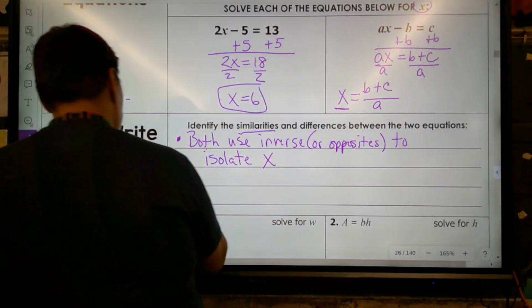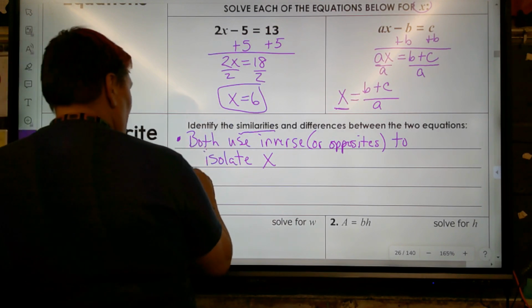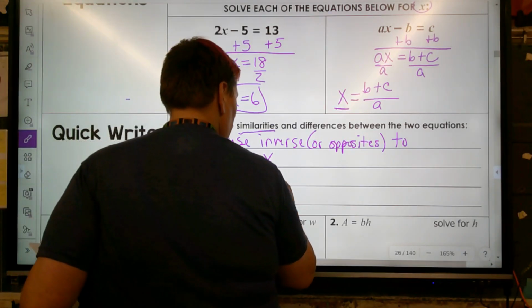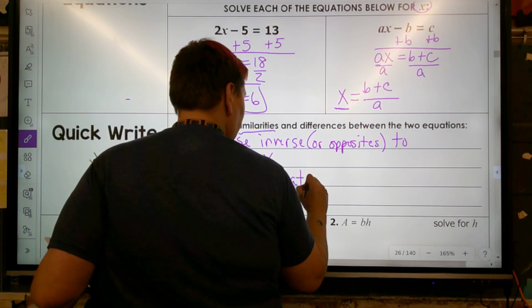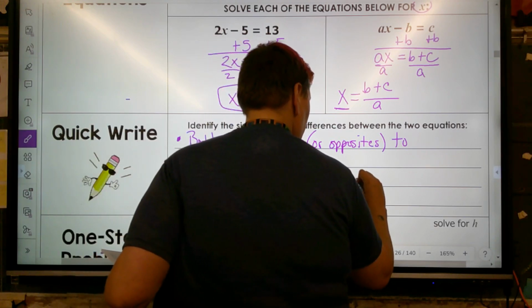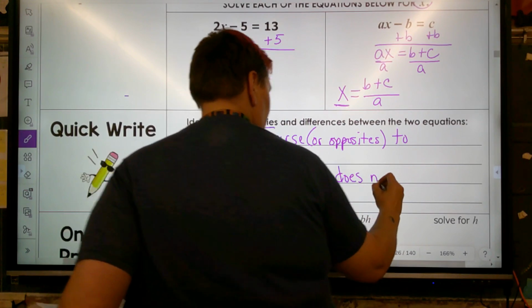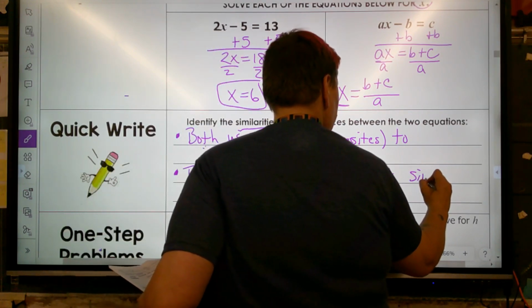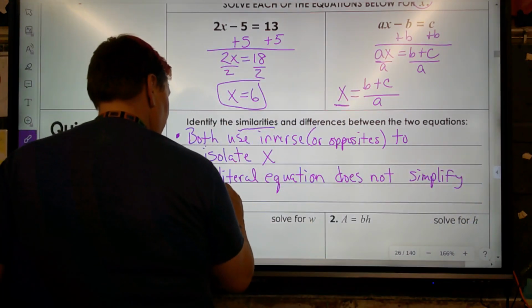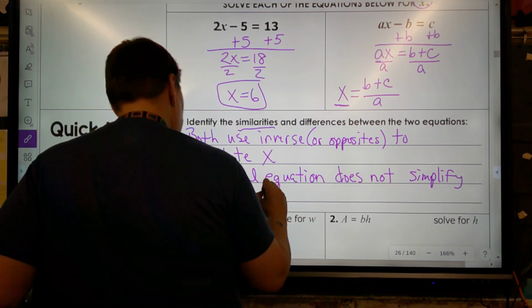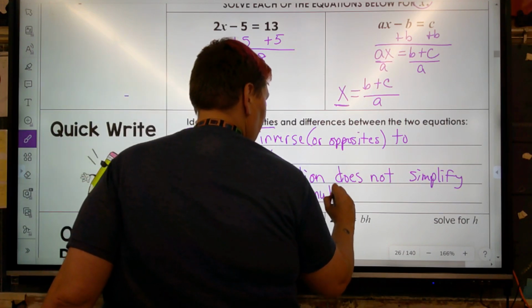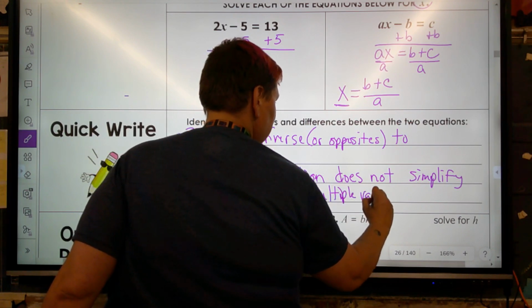Now, how are they different? The literal equation does not simplify nicely due to multiple variables, right?